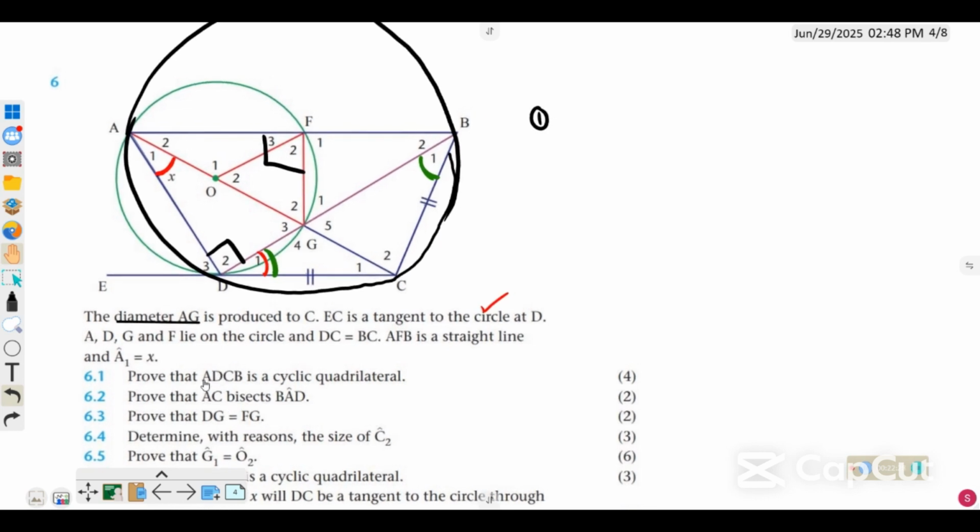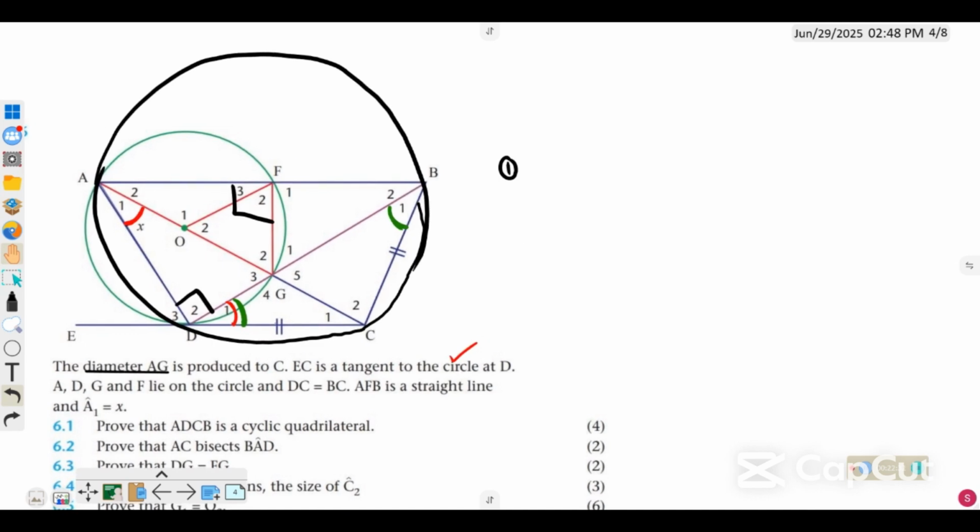So what? A, D, C, B. Let's think about the options that we have now. First of all, if we wanted to use the exterior angle, if we can prove that D3 is equal to the whole of B, let's mark the options. You can either prove that D3 is equal to angle B. That's number one. Let's check another one.